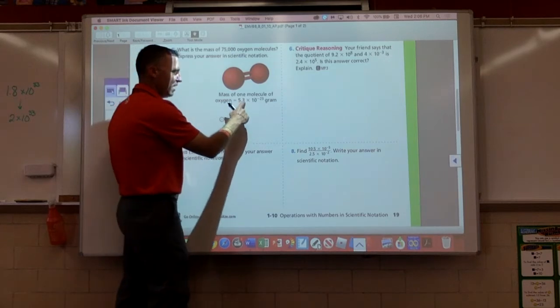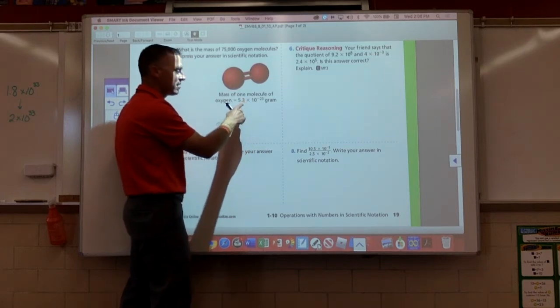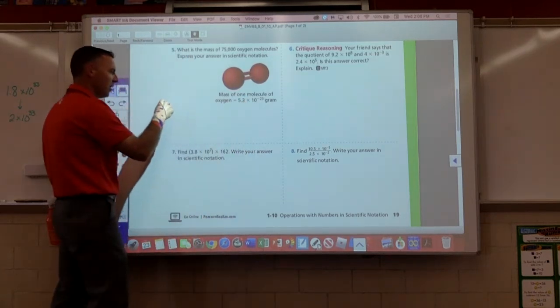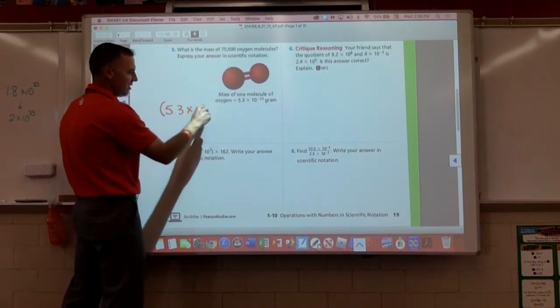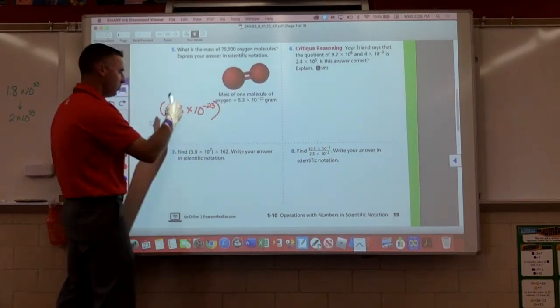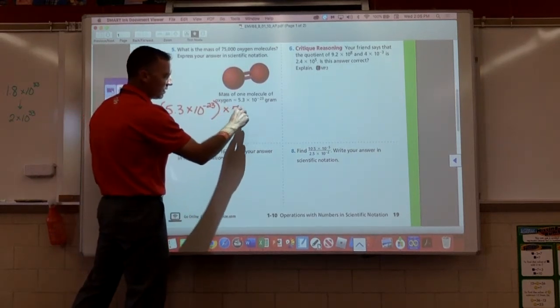Well, I could take this and add it together 75,000 times, or I could just take this and multiply it by 75,000. So we need to take 5.3 times 10 to the negative 23rd power, put it in parentheses, and multiply that by 75,000.